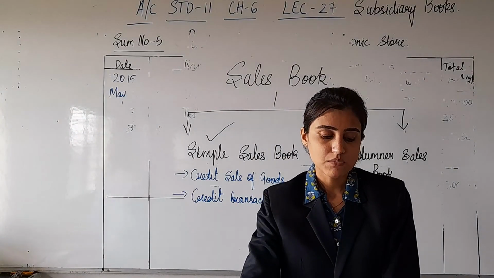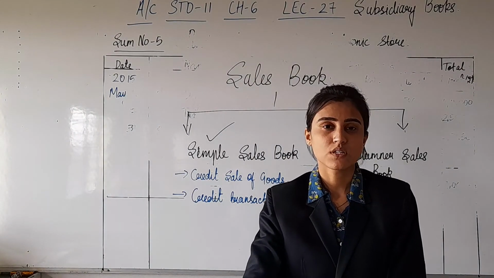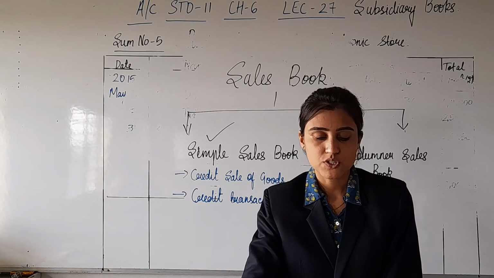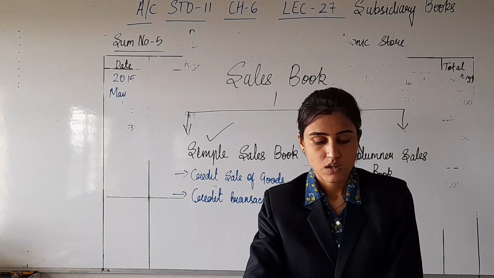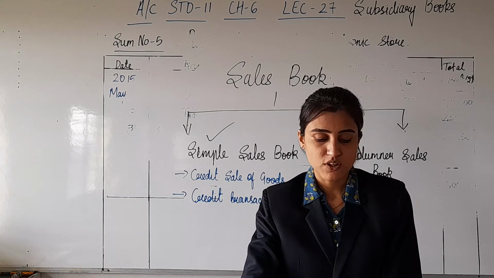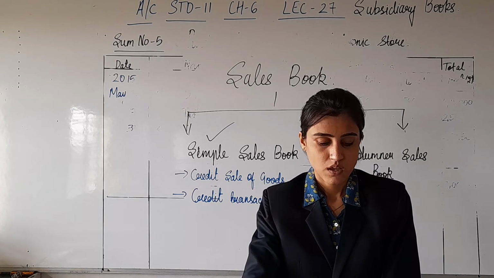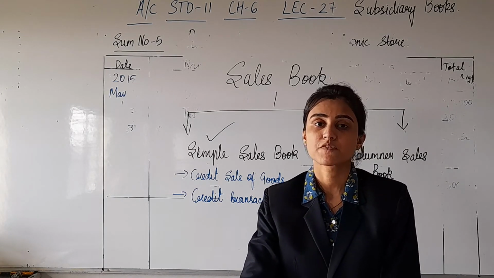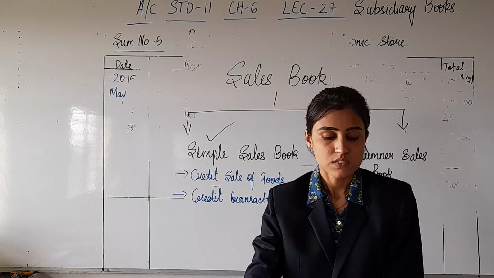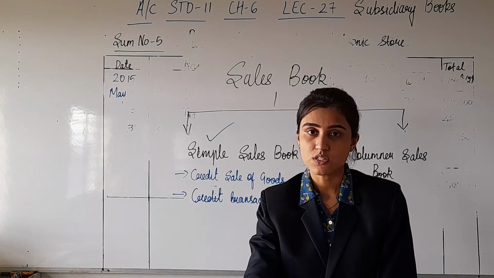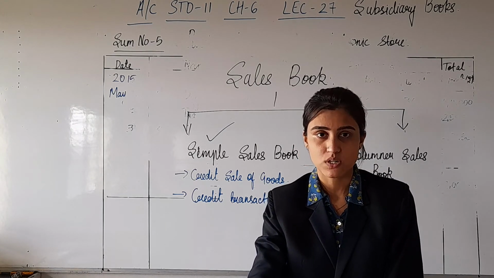The first column is date. Of course, firstly you have to write down the heading: Sales book of Shri, the name of the owner. The first column is of date, then name of customer instead of name of supplier. Then instead of inward invoice, you'll be having outward invoice number.